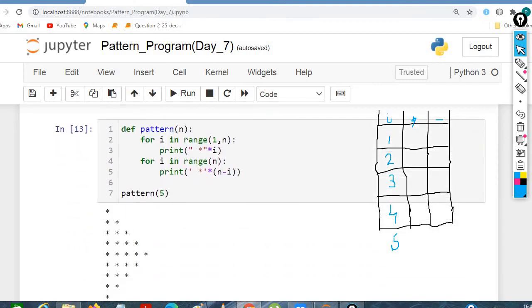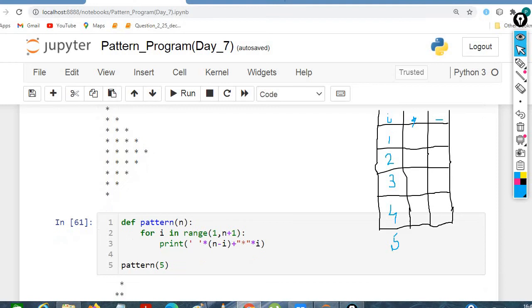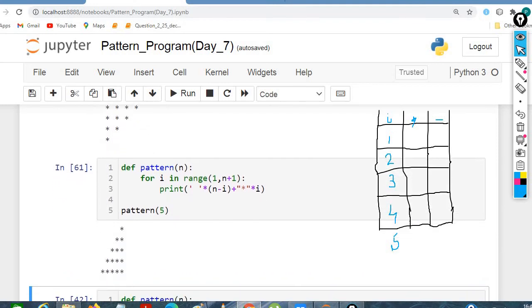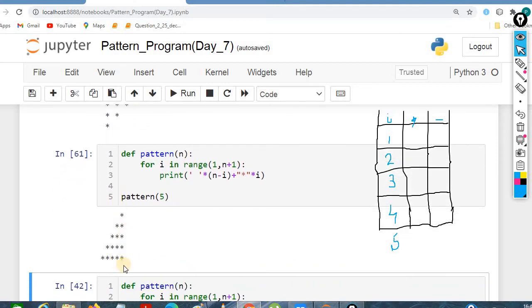This one we have to put as a mirror image of the L shape, but it's also a right angle triangle. Let's see this triangle. In this we have to maintain our spaces. So I'm considering for space n minus 1, and for star I'm considering i.